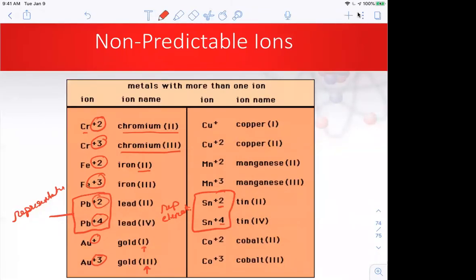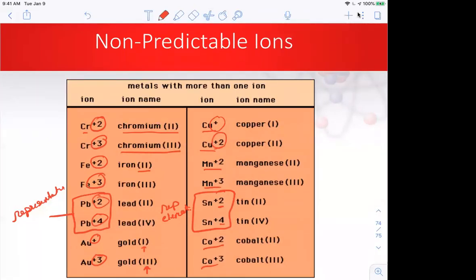Gold(III) loses 3 electrons and becomes +3. Copper is another multivalent atom. It can lose 1 electron and form copper(I) ions, which have 1 positive charge, or it can lose 2 electrons and become +2, copper(II). Same with manganese and cobalt.